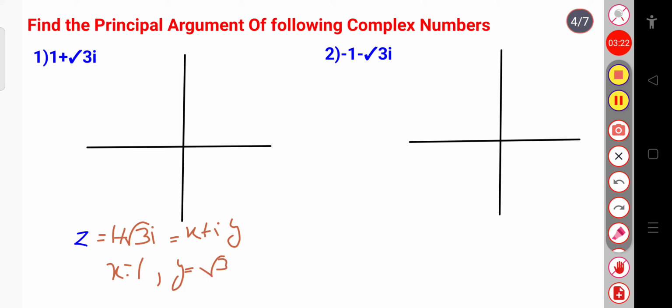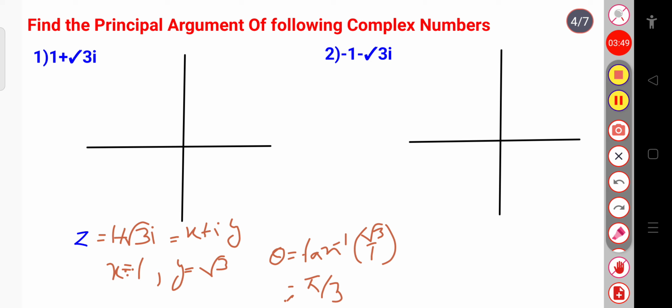Clear? Now theta equal to tan inverse y by x, or theta equal to tan inverse root 3 by 1, or this is equal to tan inverse root 3. This tan inverse root 3 is nothing but pi by 3. Clear? So here you can see that this pi by 3 means theta equal to 60 degree.